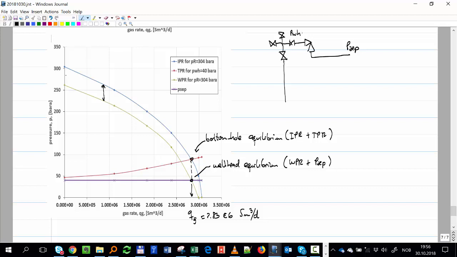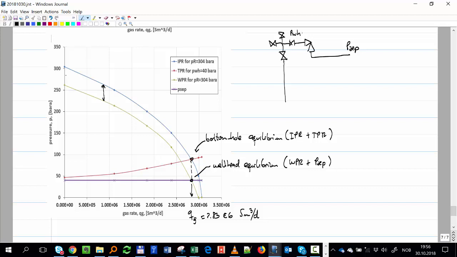Now, what happens if I have the choke? These two pressures are not the same anymore because I have the choke in between. So if I want to produce that rate, it means that I have more pressure than what I need. For 1.5, I have around 190 bar, and I really need 40.